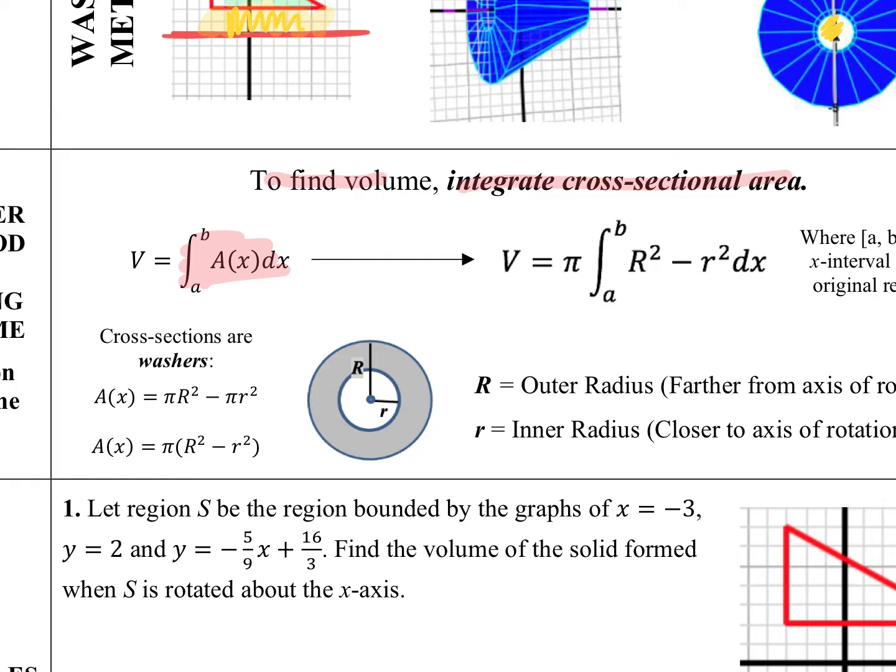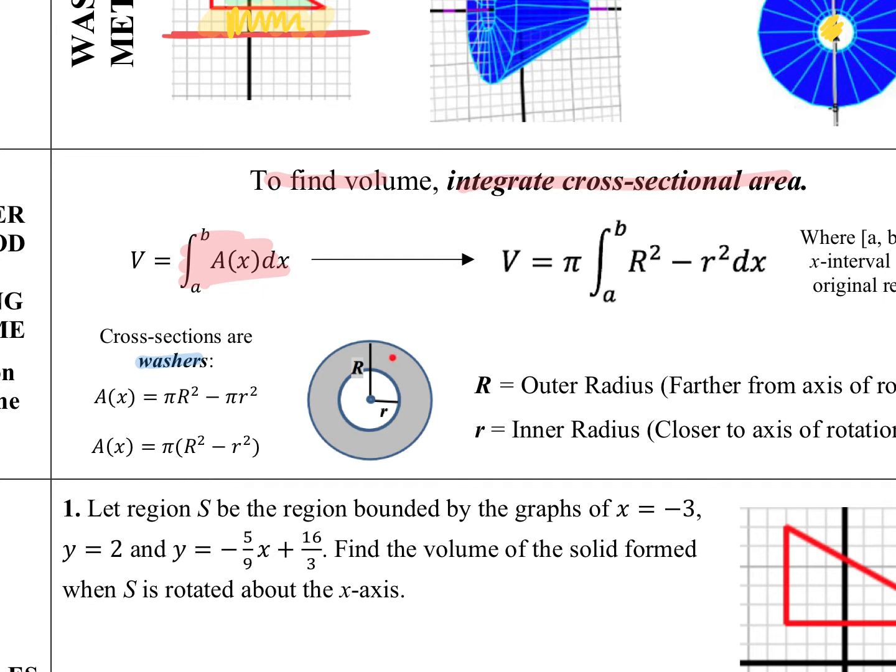So now when our cross-sections are washers, and I have a washer drawn out here for you, we have to find the area of what's shaded here. So I have two radii. One of them goes from the center to the outer circle, and I'm calling that capital R. And one goes from the center to the inner circle, and that is my lowercase r.